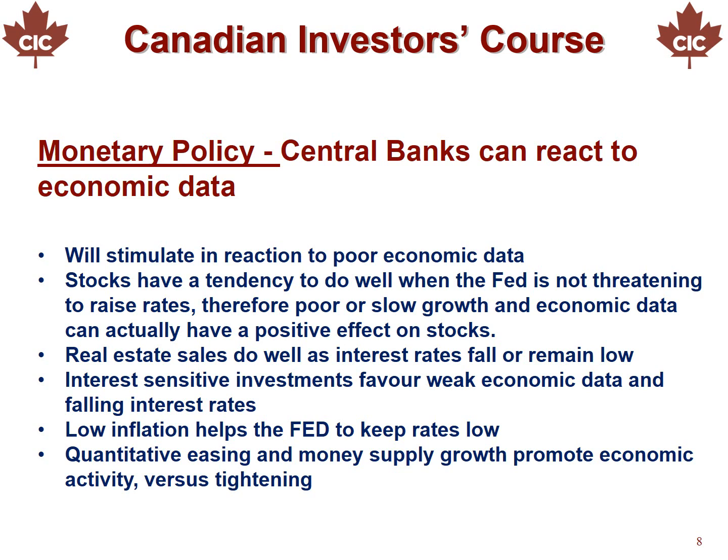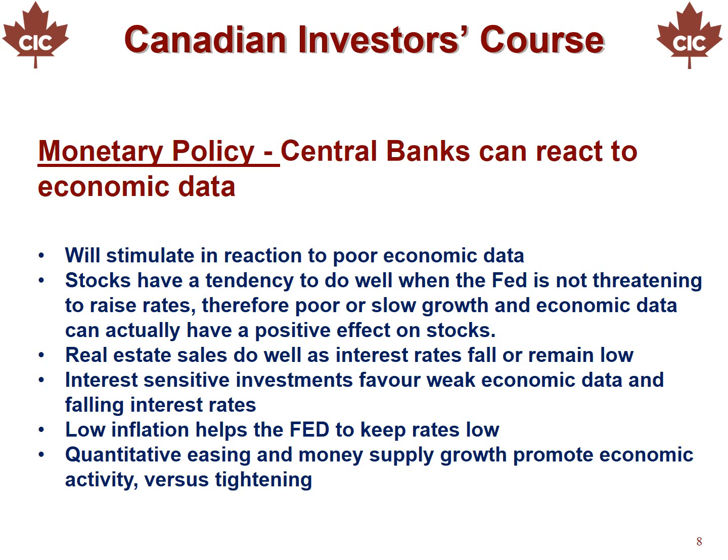Monetary policy. Central banks can react to economic data. They'll stimulate in reaction to poor economic data, and vice versa. Stocks have a tendency to do well when the Fed is not tightening to raise rates. Therefore, poor or slow growth and economic data can actually be a positive for stocks. Real estate sales do well when interest rates are low or are falling, and interest-sensitive investments favor weak economic data and falling rates, so utilities and so forth, high dividend-paying stocks.